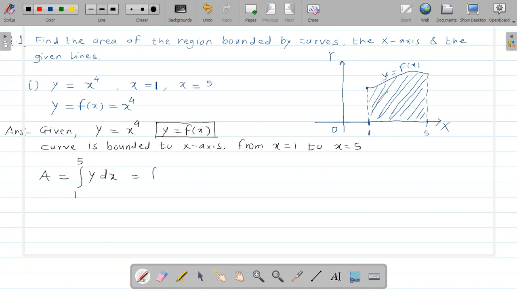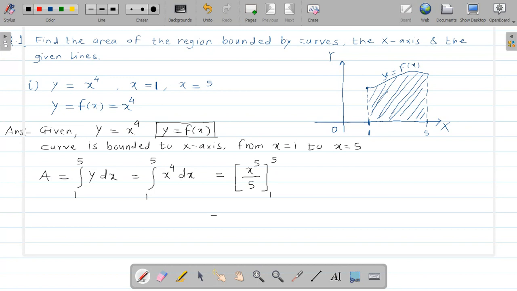So here it is the integration from 1 to 5, y means x raised to 4, and we have to evaluate the integration with respect to x. Now you know the integration of x raised to 4 is x raised to 5 upon 5. So I will write it like this, from 1 to 5.